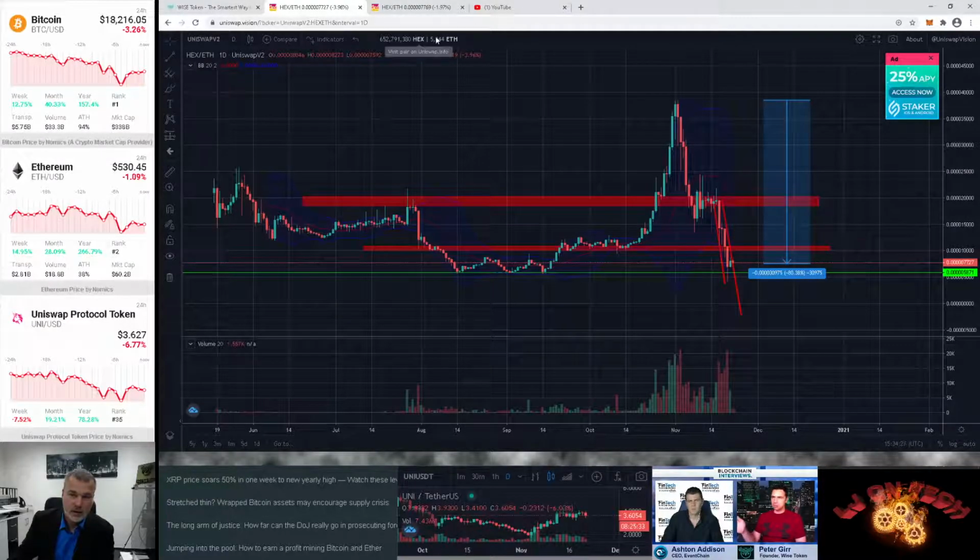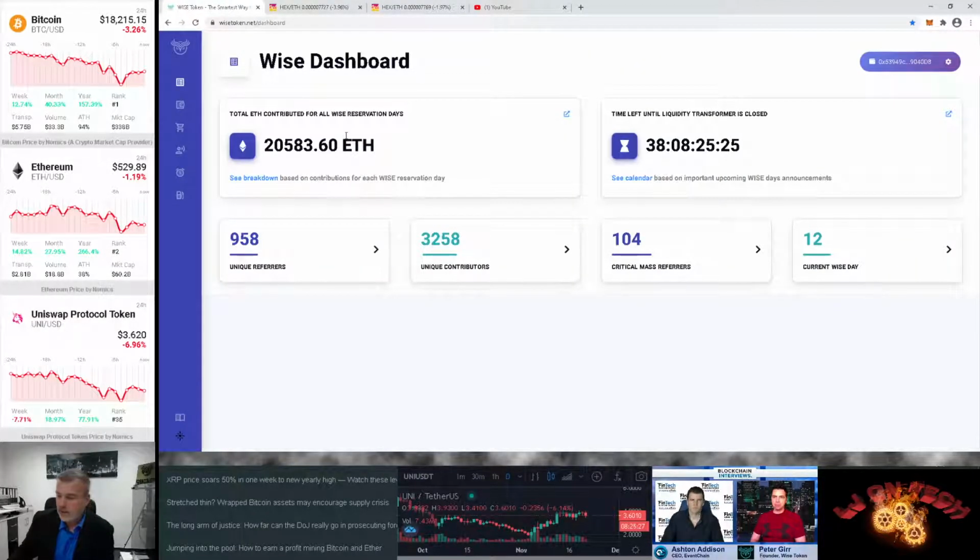This liquidity problem is actually solved in the WISE token, because the WISE token today, it's 11/22, so November 22nd, has already collected 20,583 Ethereum, and all this minus the startup cost, which is a maximum of 2,000 ETH.